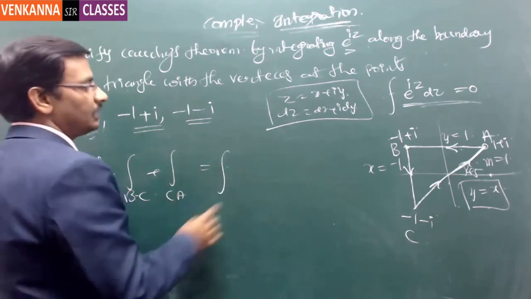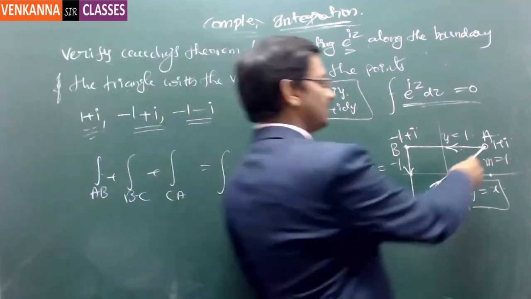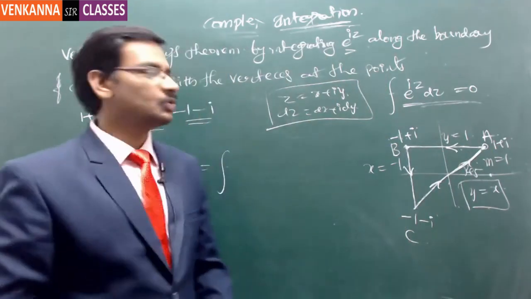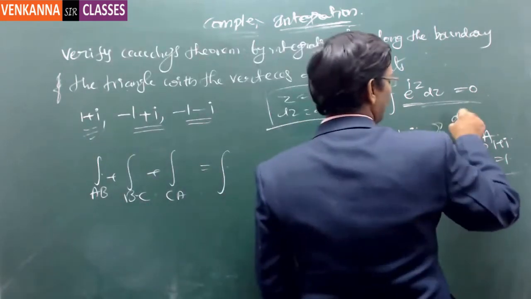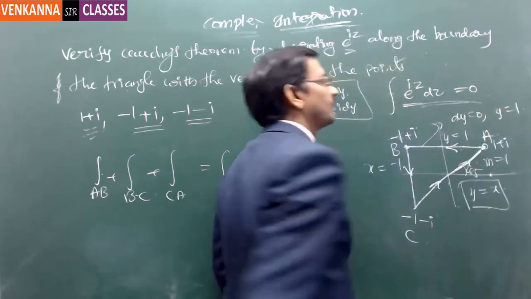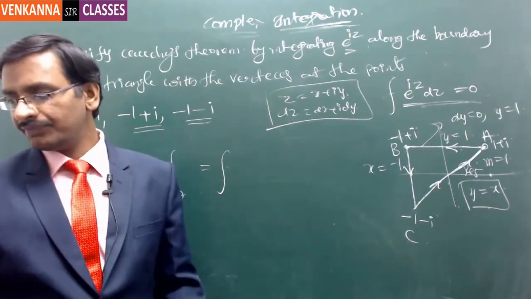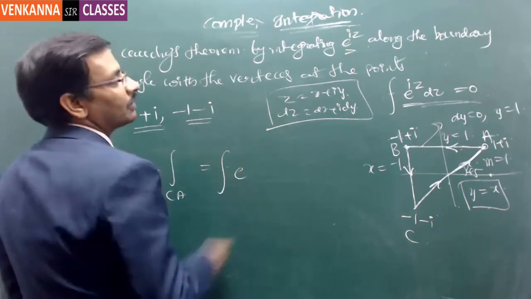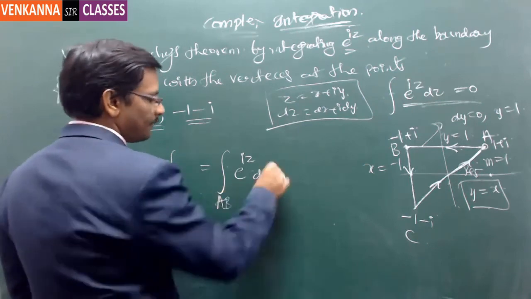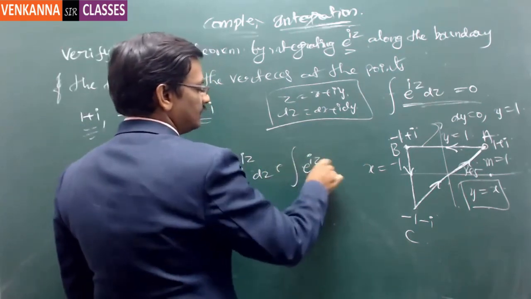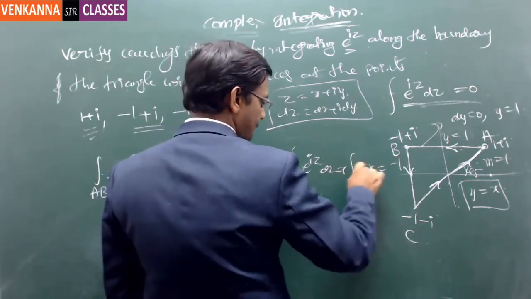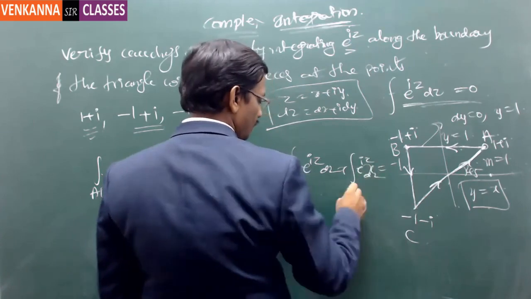So this is integral over AB. If you notice, the value change is only along the x direction. There is no change in the y. So on this line, dy equal to 0 and y is equal to 1. The x value is getting changed there. So this value e power IZ dz over AB plus integral over BC plus integral over CA.